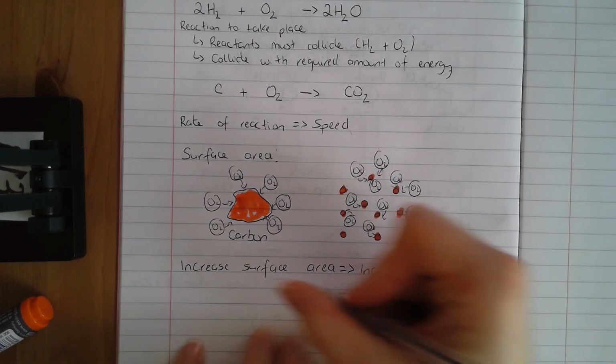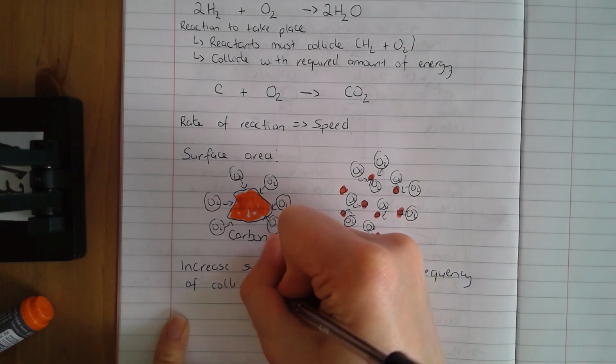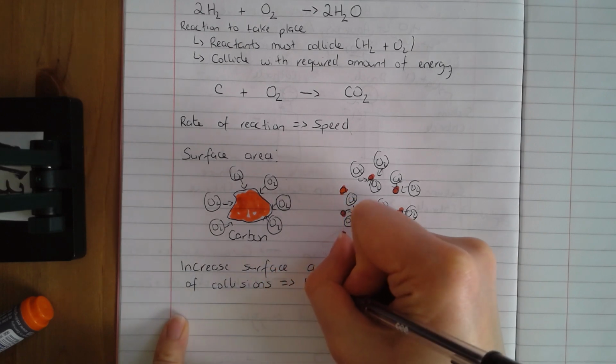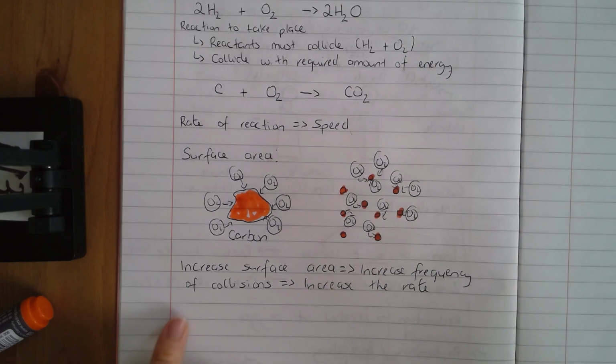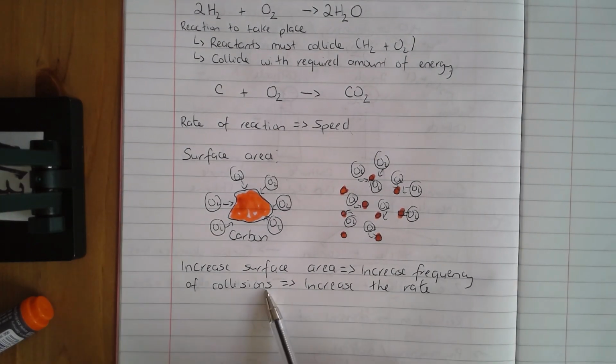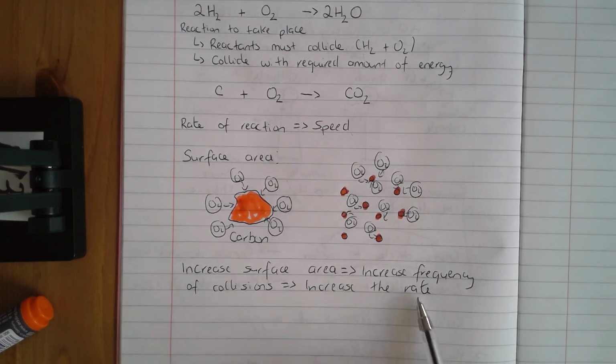The frequency of the collisions. And if you're increasing the frequency of collisions, you are increasing the rate. Increase surface area, increase the frequency of the collisions, you are therefore going to increase the rate.